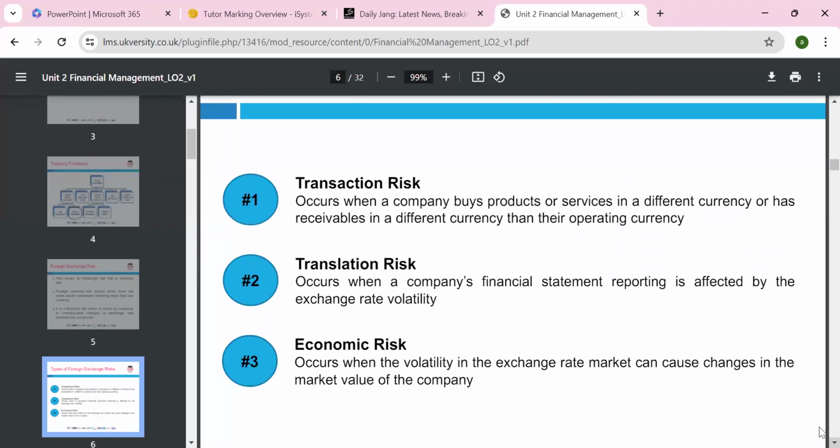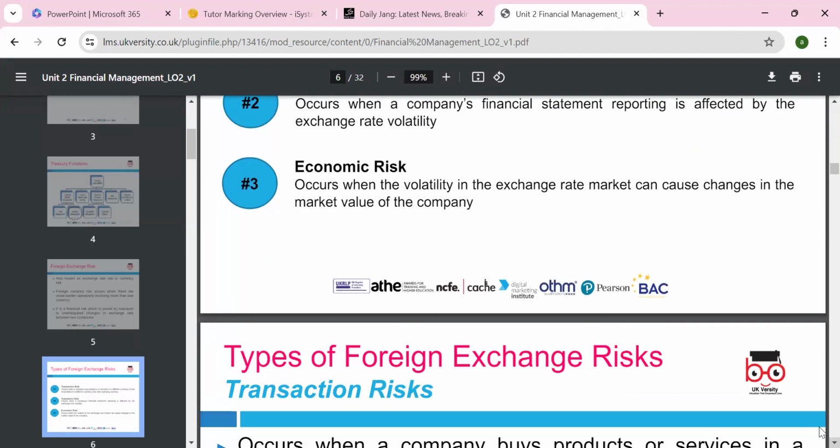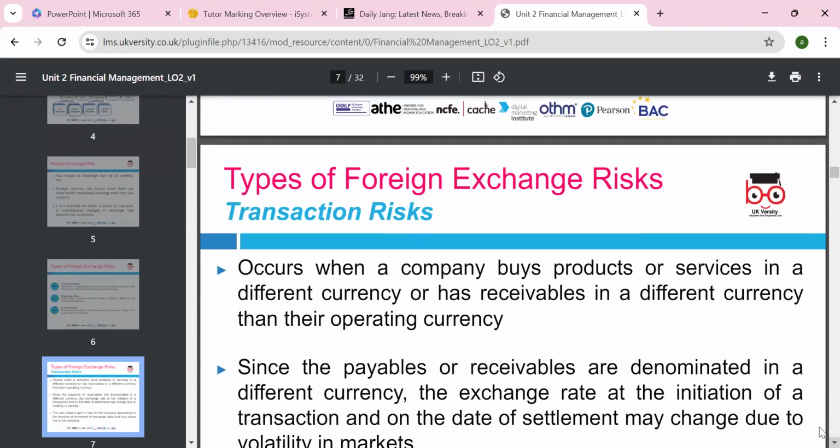It can fluctuate. So economic risk occurs when the volatilities in the exchange rate market can cause changes in the market value of the company, because if the exchange rate is lower, then of course the value of the currency falls and that affects the company. Transaction risk occurs when companies buy products and services in different currencies or have receivables in different currencies than their operating currency.